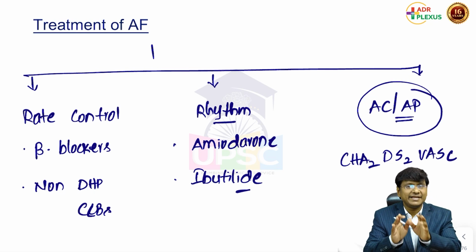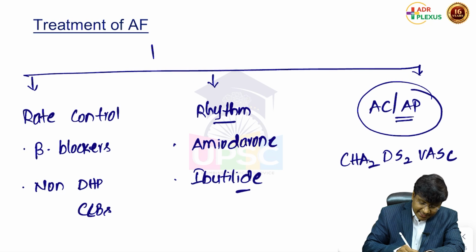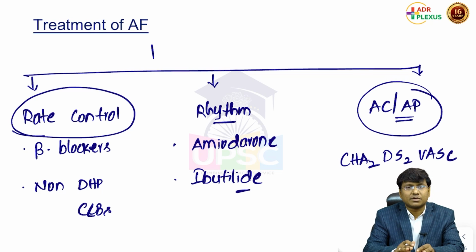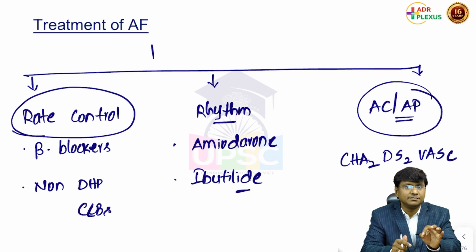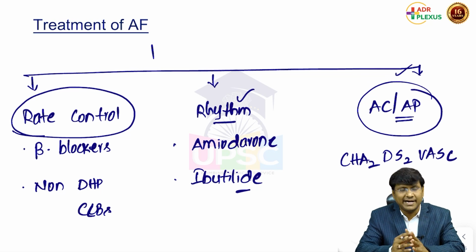But among these three groups of drugs in atrial fibrillation, rate control is very, very important compared to rhythm control or anticoagulants or antiplatelets. Rate control is what you need to achieve first, and that can be achieved by giving a beta blocker or a non-dihydropyridine calcium channel blocker.